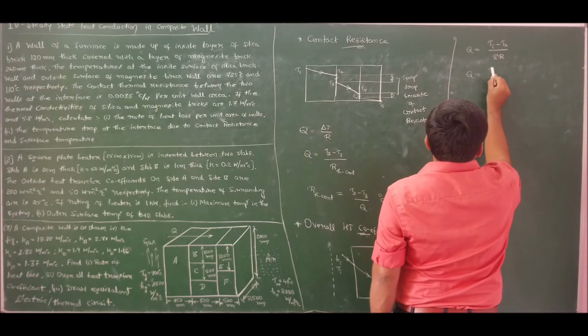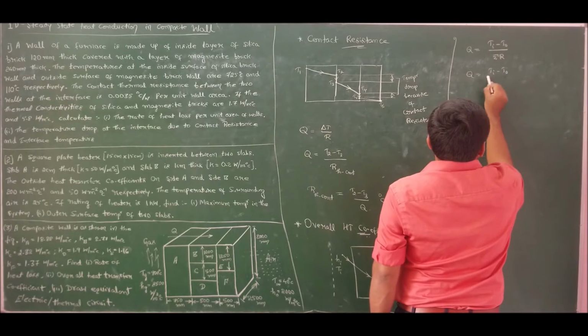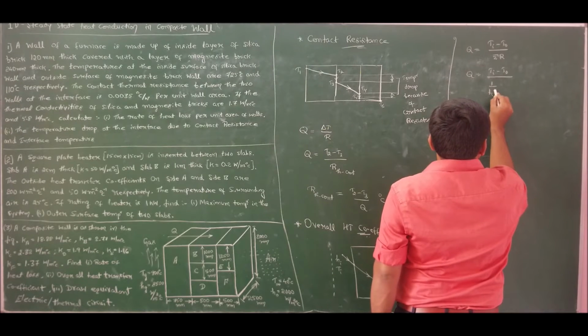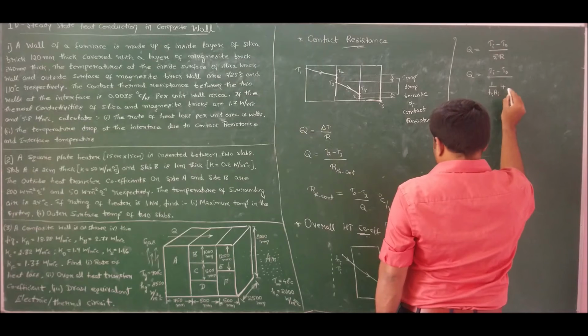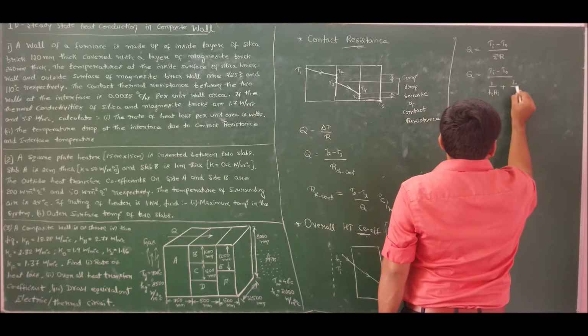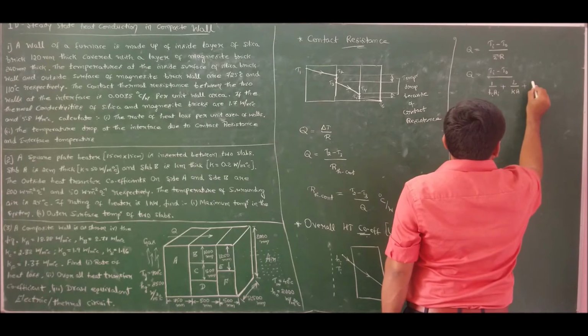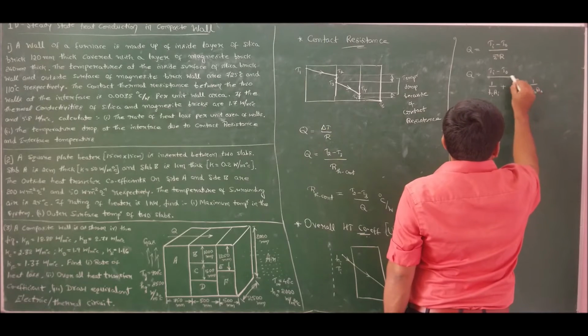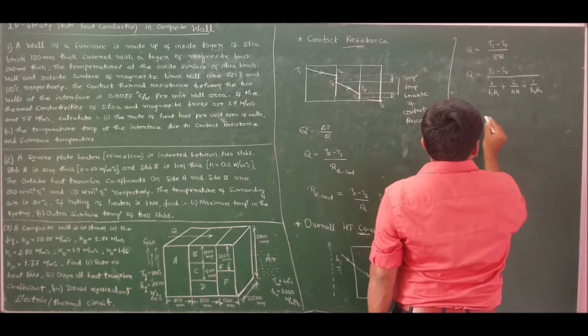That is, we already know that Q = (Ti − To) / (1/HiAi + L/KA + 1/H0A0). For a plane wall, the area remains the same.